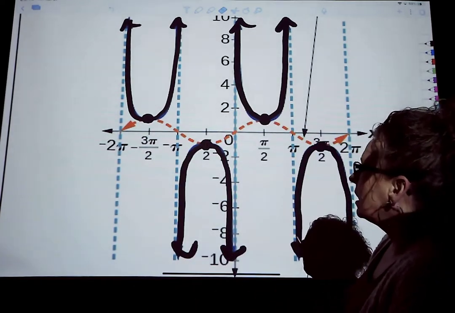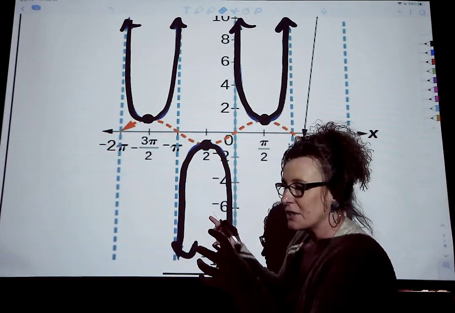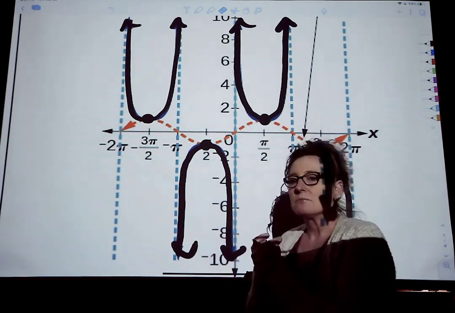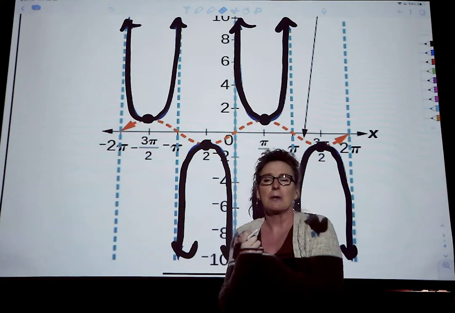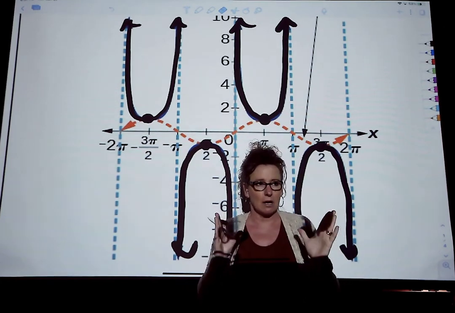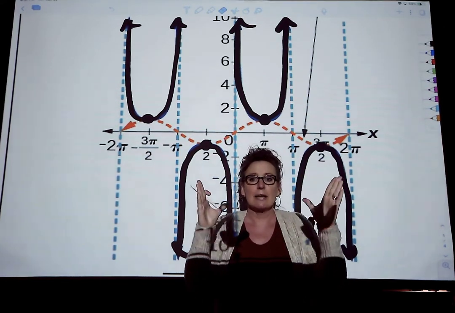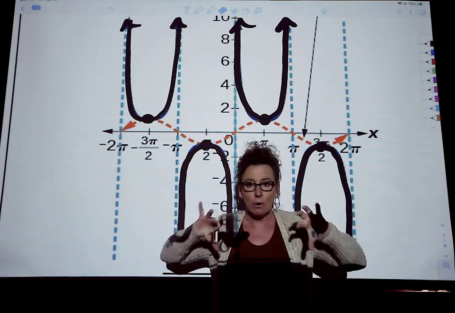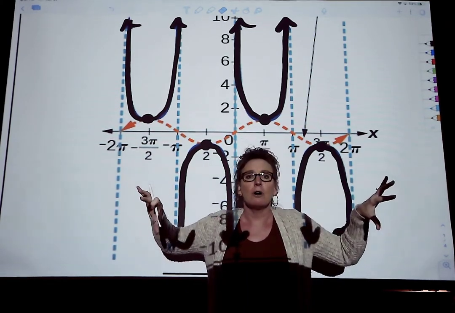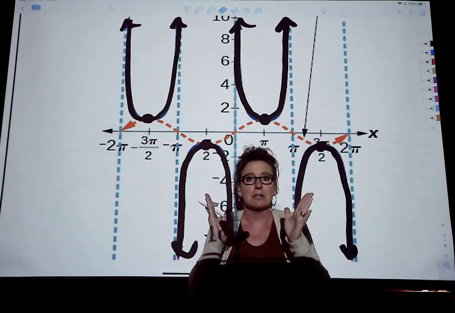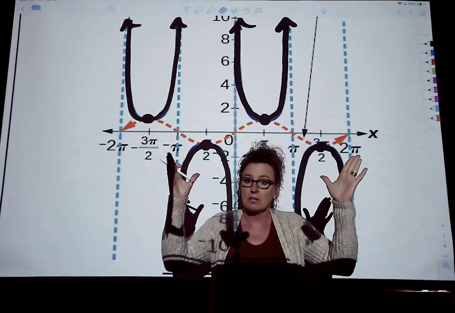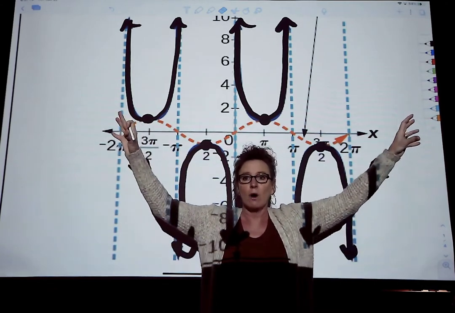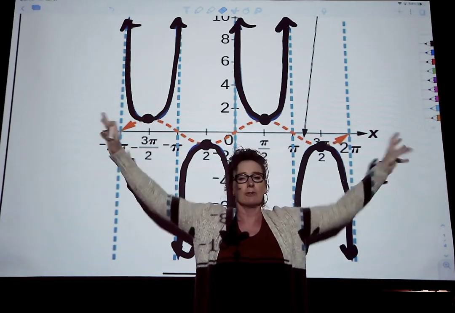So, the black parabola-looking things are the graph of cosecant. They're not technically parabolas because a parabola will go up and out forever. So like the domain of a parabola, what x's does it cover? You all always tell me for a parabola, the domain is all real numbers. It's going to get wider and wider and wider, and it'll eventually cover all real numbers.